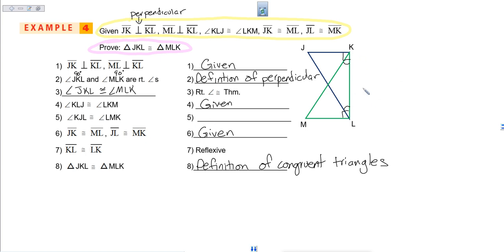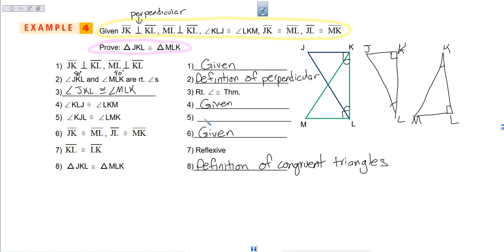So we have two sets of angles in our two triangles. If you aren't sure what I'm talking about because you don't see your two triangles, we have triangle JKL, that looks like this, and we have triangle MLK, that looks like this. So we have two sets of angles that are congruent. How can we tell that our last set of angles are congruent?